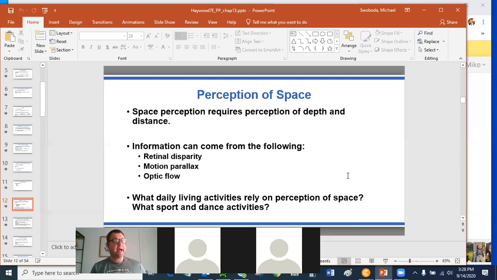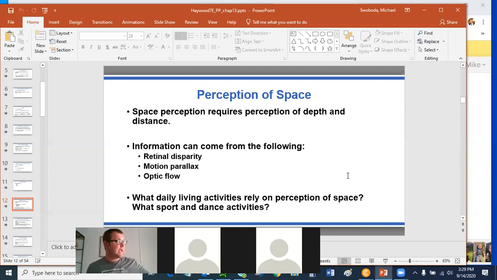If I'm swinging a bat and I just straight up don't have depth perception, I'm most likely going to miss, or I'm going to be off with my timing. That's really why a curveball or a changeup can be so difficult to hit versus a straight fastball. And it's all because your depth perception gets screwed up.